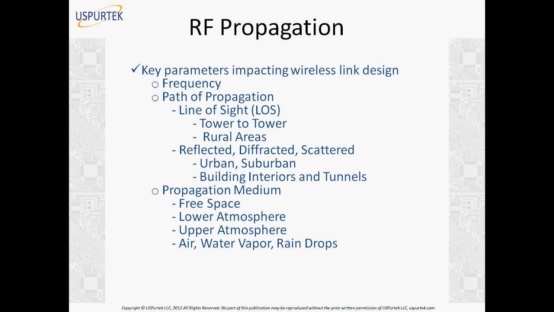Or otherwise, am I inside a building and getting a reflected signal, a diffracted signal, or a scattered signal? Am I in an urban area where I'm surrounded by skyscrapers and it's hard to get a radio signal at all? Or am I inside a building or inside a tunnel? There can be so many different environments where the radio waves have to propagate, and we must consider the various modes of propagation in these spaces.